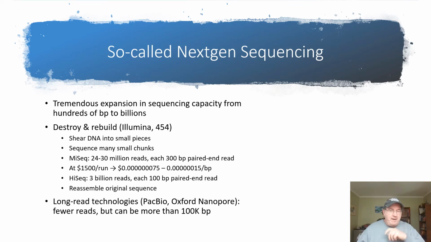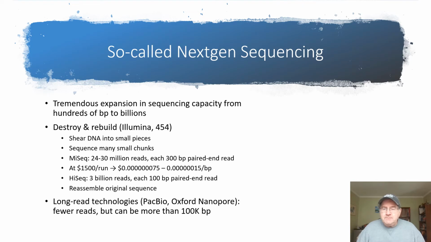So you might have a higher rate of error in there, but you're getting much longer reads, which enables you to circumvent the issue of reconstructing those small pieces and correctly finding the overlaps between them.